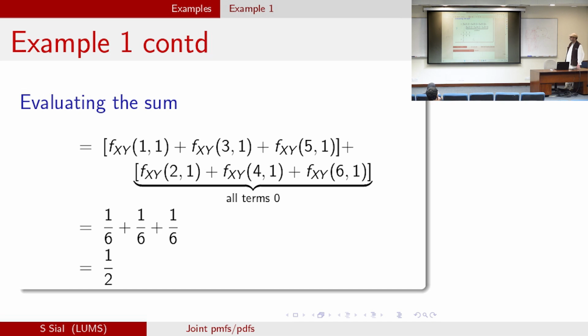Now, (2,1), (4,1) and (6,1) are the ones that occur, because 1 is positive. Sorry, it's the opposite of what I said. Anyway, half of them drop out. The other half give you 1/6 plus 1/6 plus 1/6, and that gives you 1/2. Is that all right?